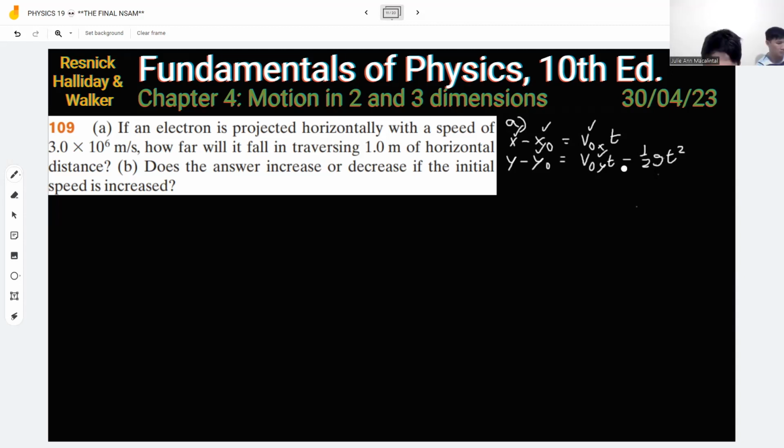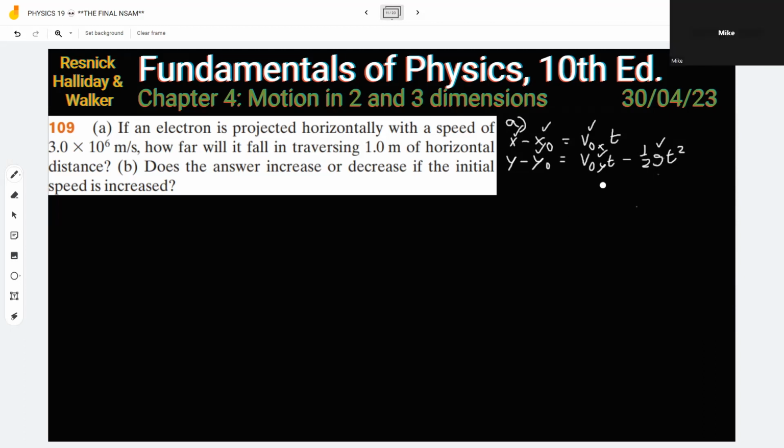V0y is zero. Wala siyang component pataas. Tapos, ano yung pipiliin natin na x0 at saka y0? Zero, zero. Just zero, everything zero.